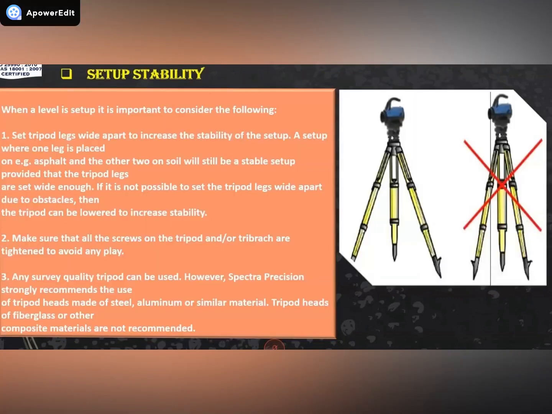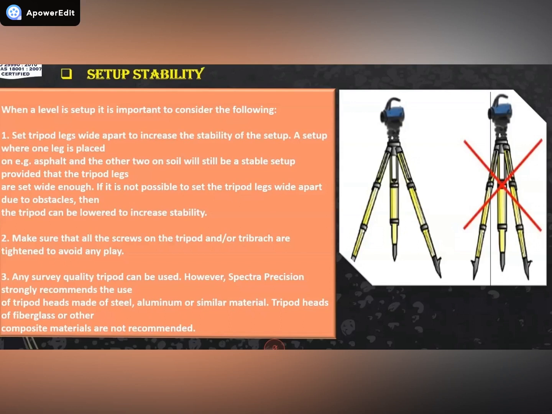Okay. Next, how can we get the setup stability, or how can you set up the instrument? One thing you have to know before doing any type of survey work: at first we have to go to the field. Then we do a survey that is known as recce survey or reconnaissance survey.